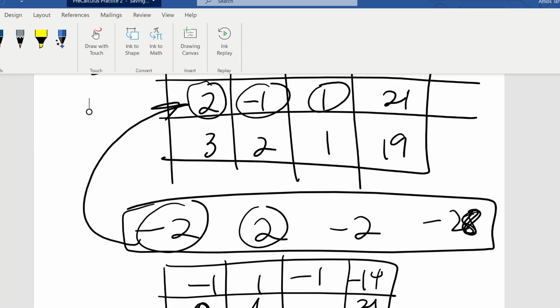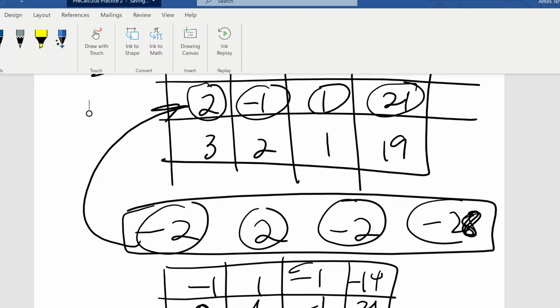Then 1 and minus 1 give you a 0 minus 1, so minus 1. And then the minus 7 comes from taking 21 and adding it to negative 28, which gives minus 7. I apologize, I started filling out the constant value incorrectly, but this is actually going to be negative 7. So this is my new row 2, and this is my original row 1.